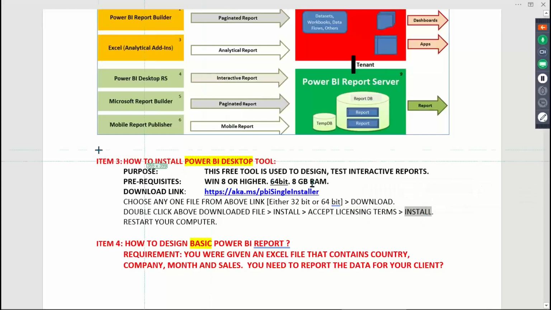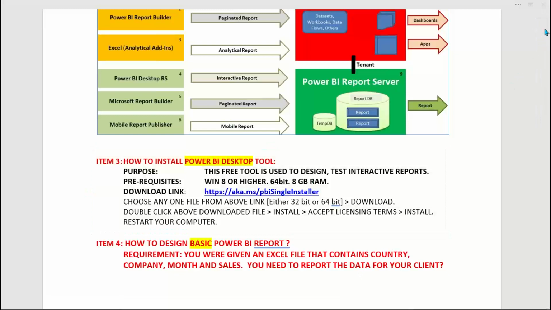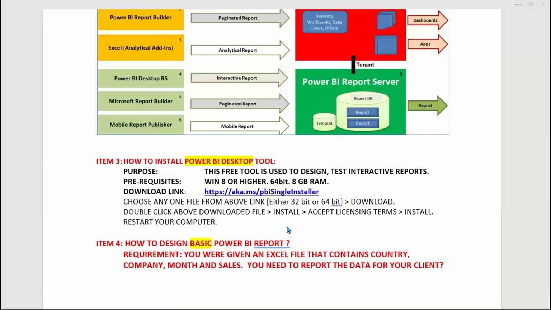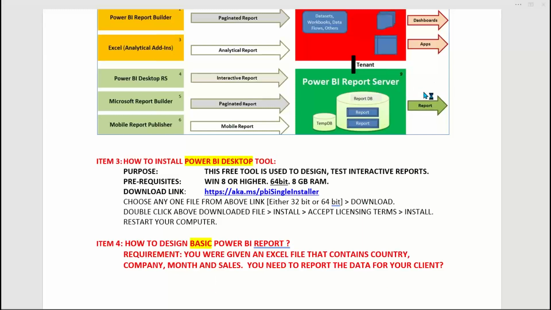Simply click install. And it may ask you to restart your computer. Let's wait for a few moments. We should be able to get the actual installation software prompt. Let's wait for a few moments. It's going on now.